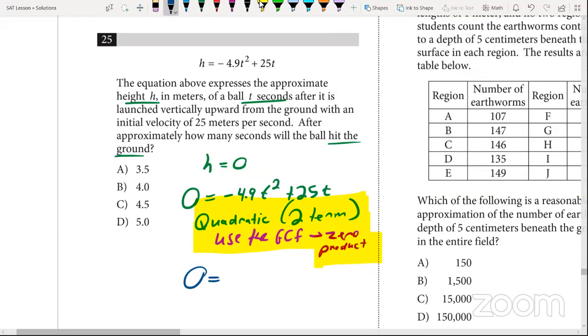So if we just take out a t and factor that out, in other words, we're dividing both of these terms by t, it leaves us with negative 4.9t plus 25. The way we can verify that is if you distribute it back out, you'll get negative 4.9t squared plus 25t. But now we have the zero product rule, which says these two things multiply to 0, so we can set each one equal to 0.